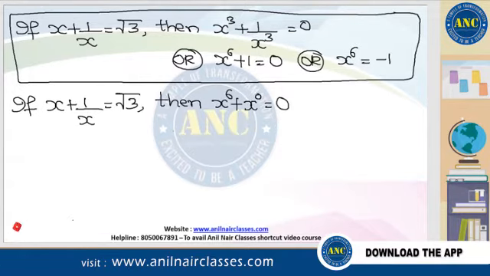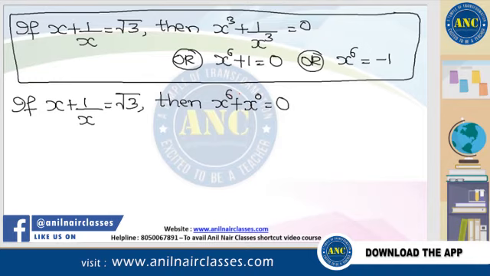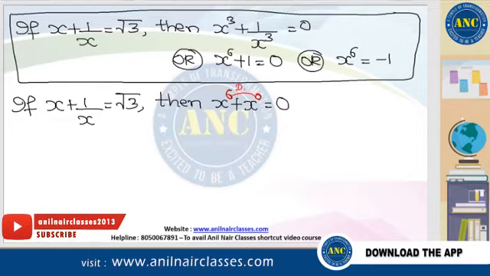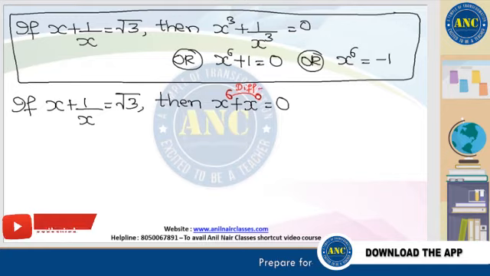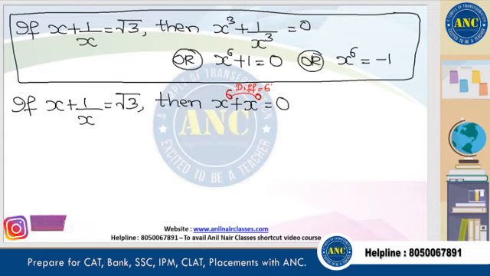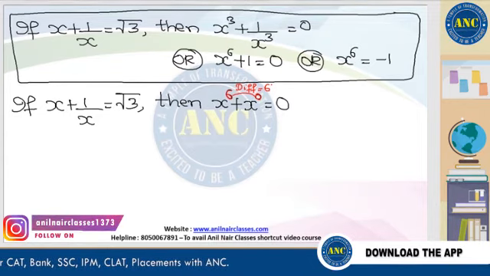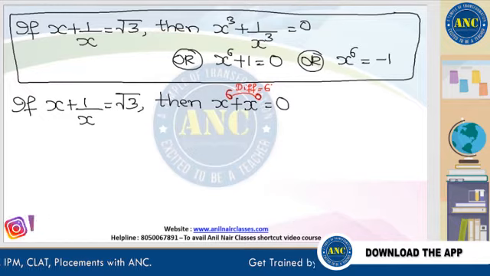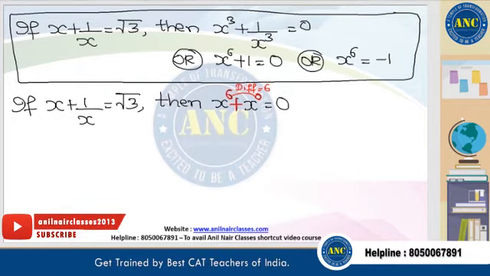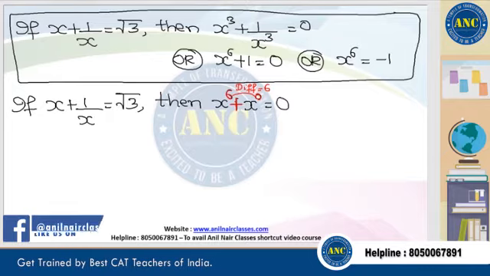Observe the powers right now. Here the power is 6. Here the power is 0. The difference between the powers 6 and 0 is equal to how much? 6. The difference between the powers is 6. If the difference between the powers is 6 and if x plus 1 by x is equal to root 3, then the sum of those values will always be equal to 0.